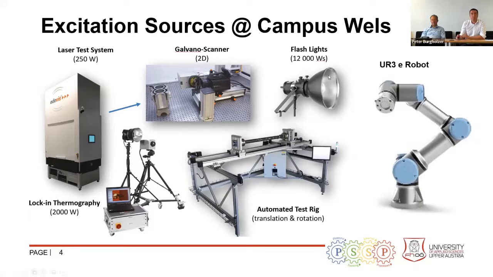We also have some flashlights for a very short pulse, and we also use lasers for the excitation of materials like metals, where the absorption coefficient is very low. And we also do some automation developments. Here you can see our test rig with translation and rotation, but we also use robots for the manipulation of the sample or the infrared camera.